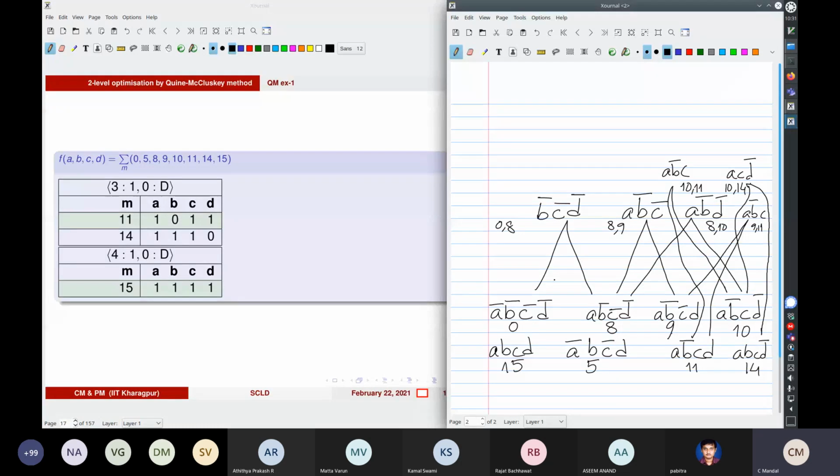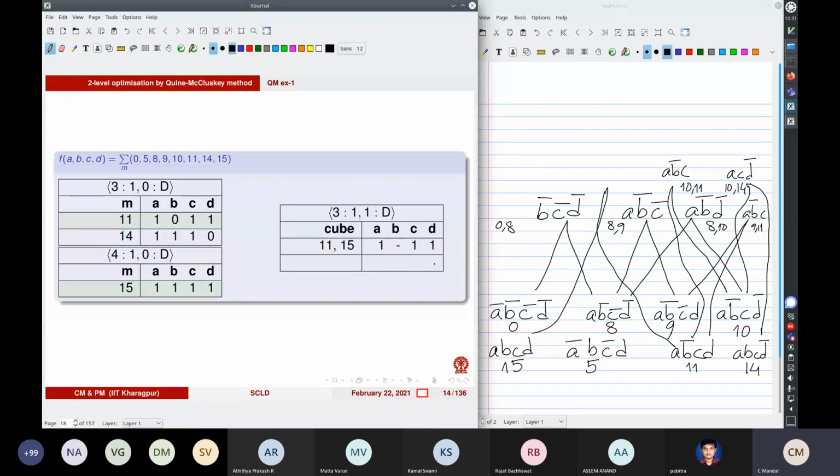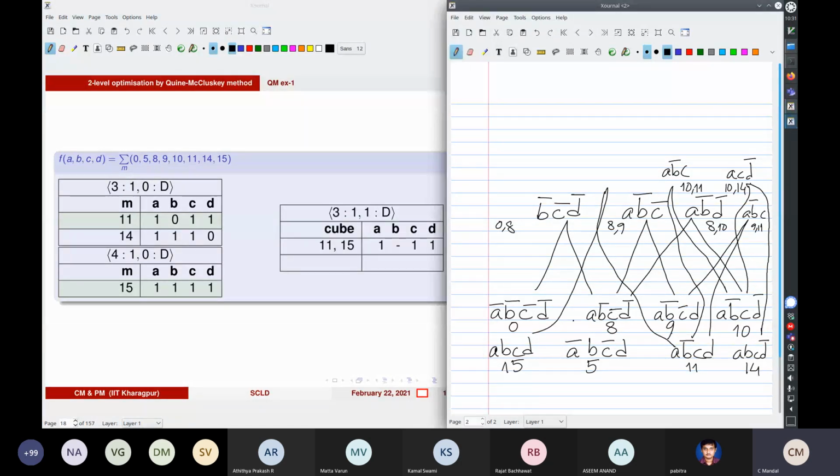So we can write that down here. And when you combine these two, these differ in the second position, so that will get dropped. So A, C, D. Okay, A, C, D.